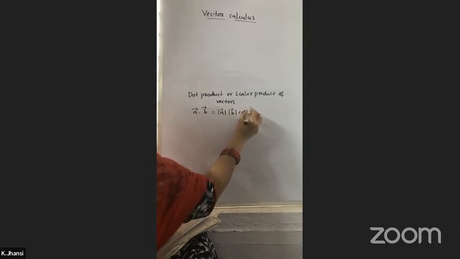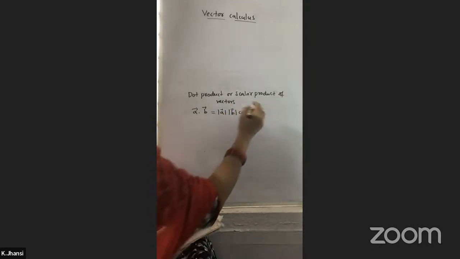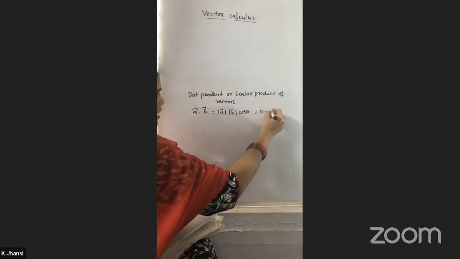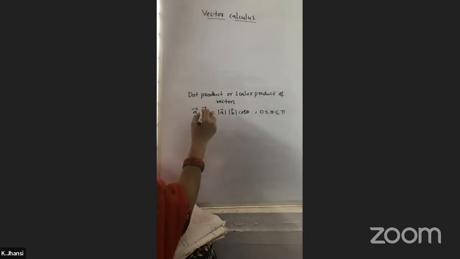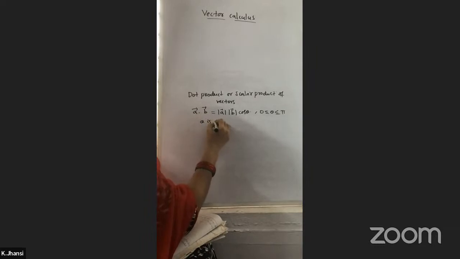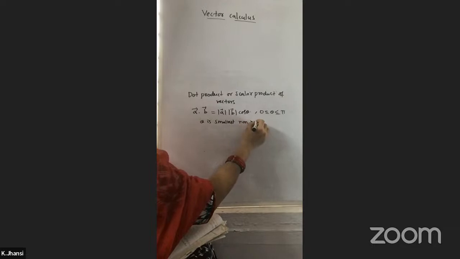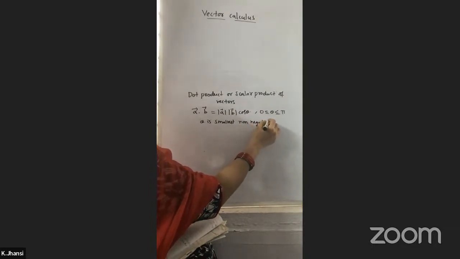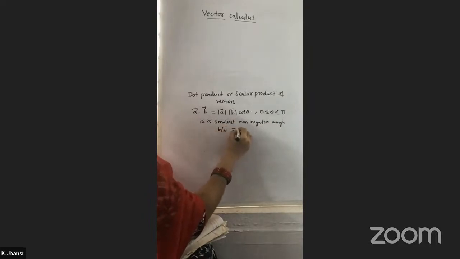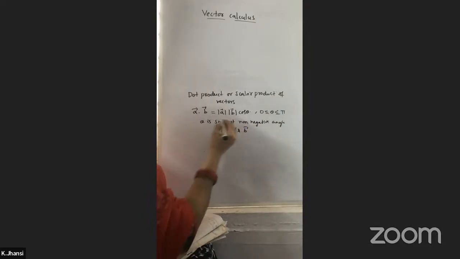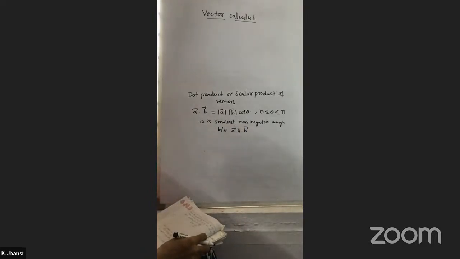into cos theta. Okay, and theta lies between 0 and pi. Theta is the smallest non-negative angle between A and B. So this is the dot product or scalar product of two vectors.